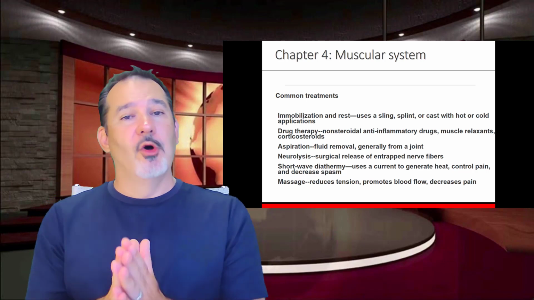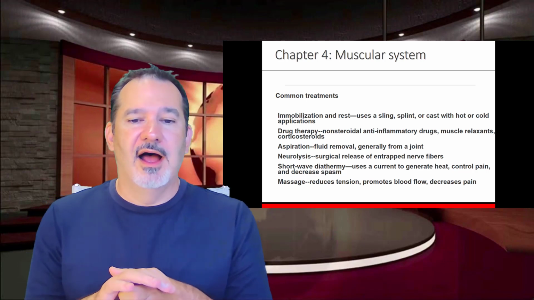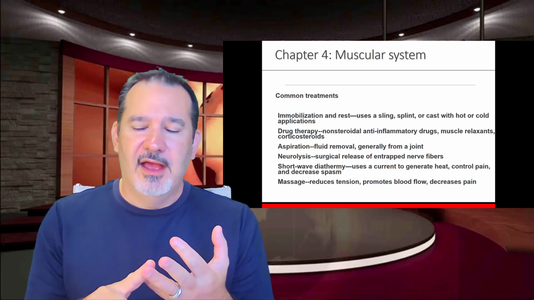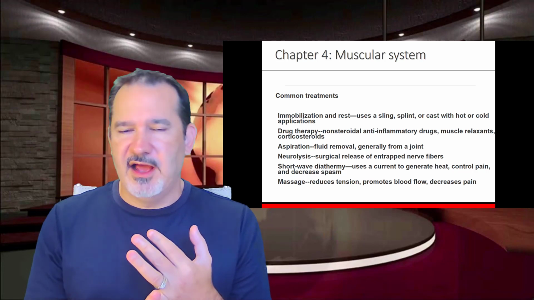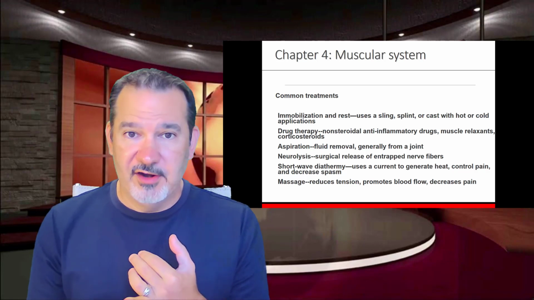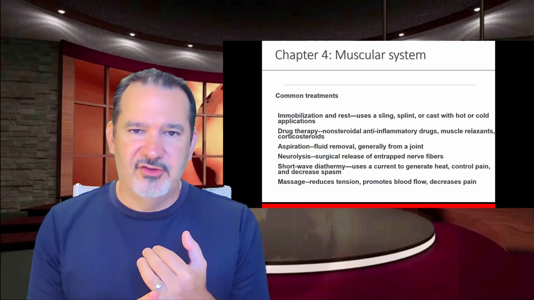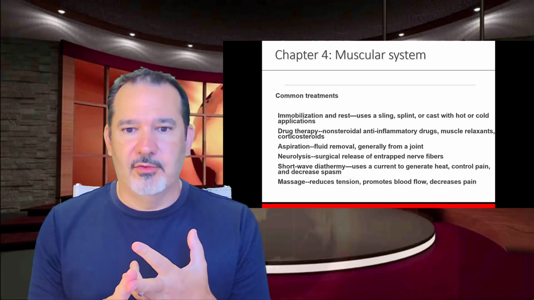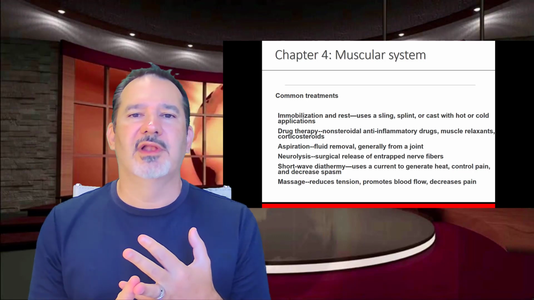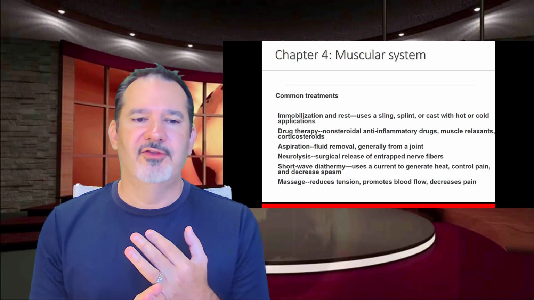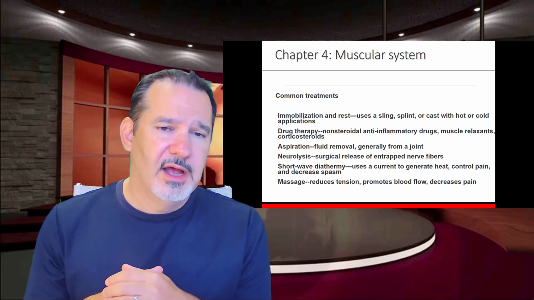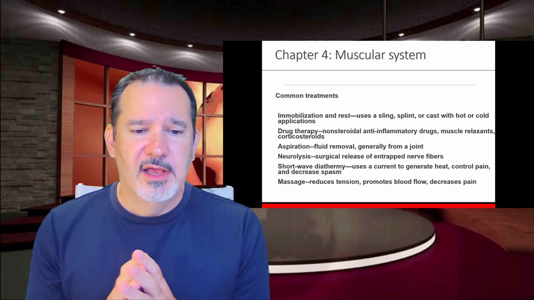Common treatments: immobilization and rest. Very common use of splints and casts. Slings, often in combination with hot or cold therapies, like ice or heating pads. Drug therapy: non-steroidal anti-inflammatories, muscle relaxers, corticosteroids, usually for less severe muscular problems.